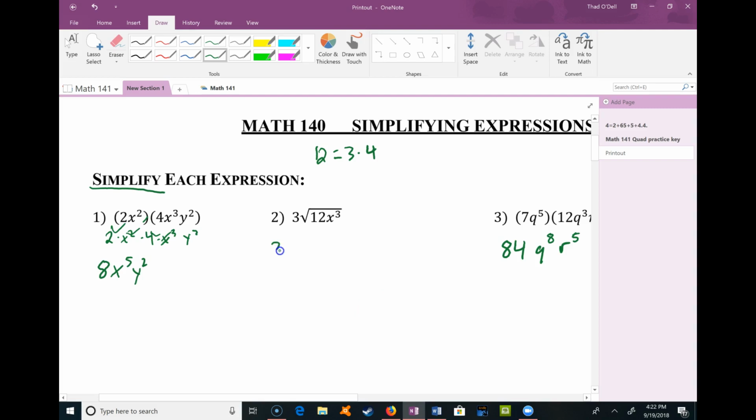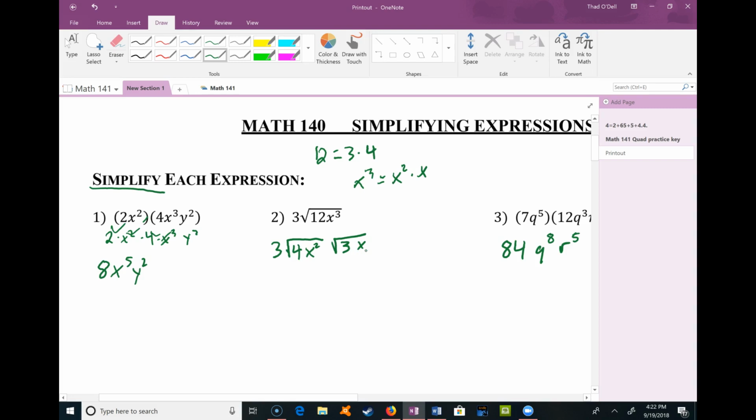So I'm going to write that 3 out here, and then write a square root with the perfect square factors in it and what's left over. 12 can be broken into 3 and 4, so 4 is a perfect square, 3 is not. X cubed can be broken into x squared times x, where x squared is a perfect square, x isn't. So I'll put an x squared here and an x there.